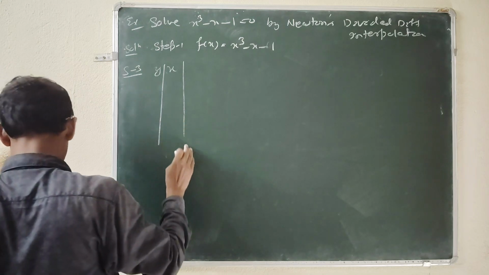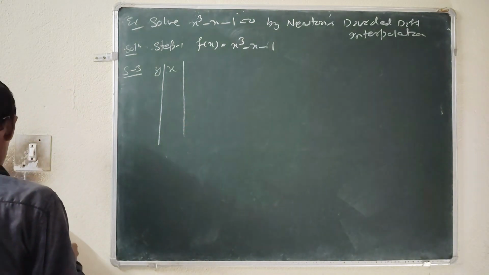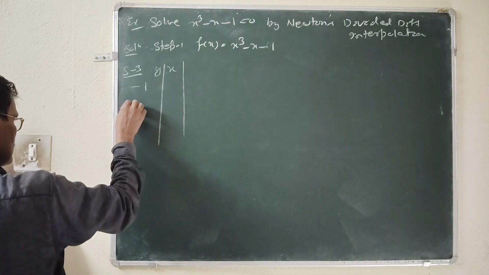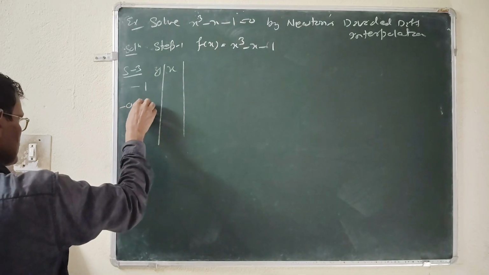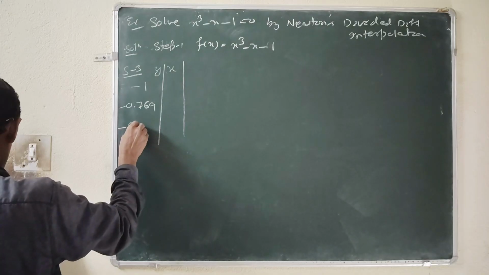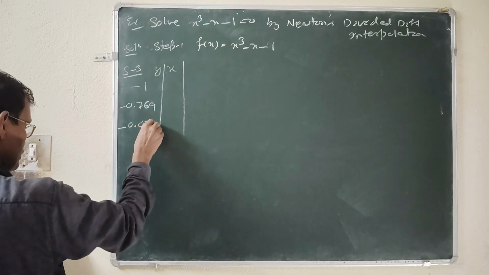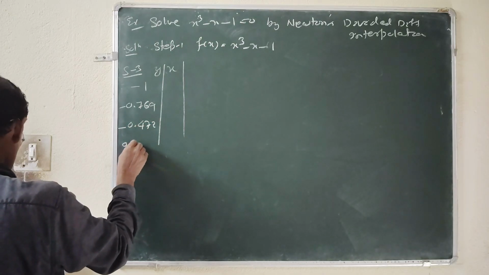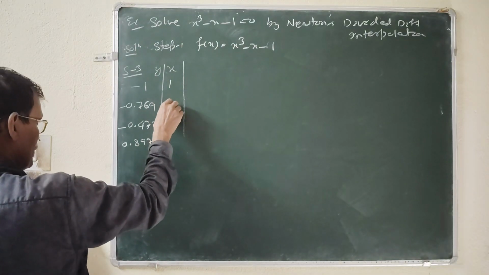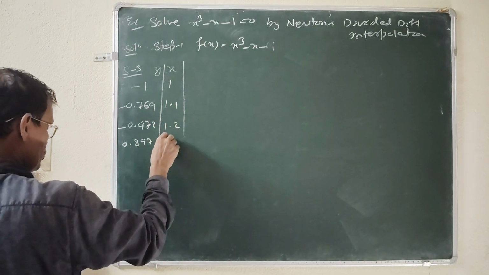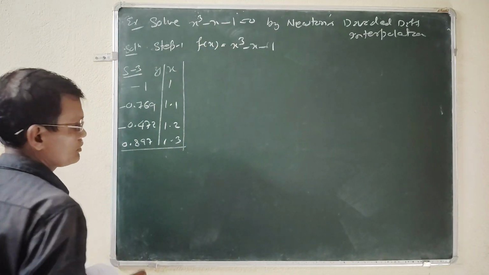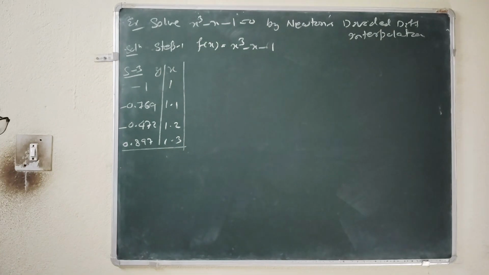The values of y are minus 1, minus 0.769, minus 0.472 and 0.897. And x is 1, 1.1, 1.2, 1.3, because it is inverse interpolation.